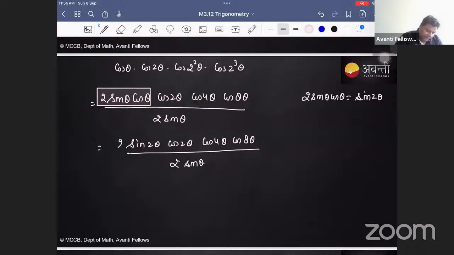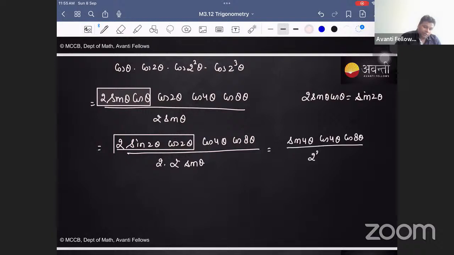Then you multiply it by 2 in the numerator again and the denominator. Then there comes this 2 sine 2 theta cos 2 theta. So this 2 sine 2 theta cos 2 theta will be what? Sine 4 theta. Then you are left with cos 4 theta, cos 8 theta upon 2 square sine theta. Again multiply and divide it by 2.